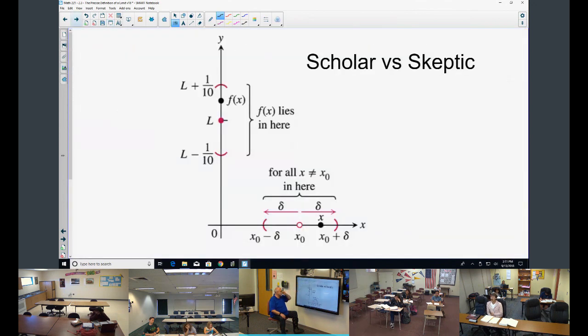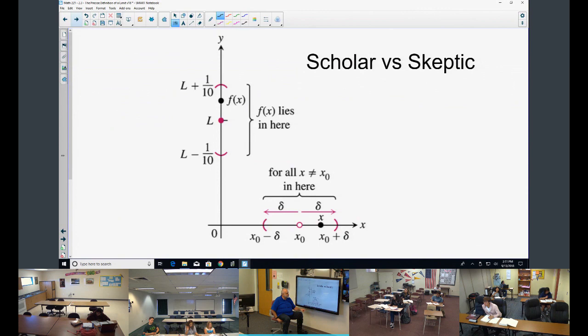All right. So there's an analogy to this, what we call the scholar versus the skeptic. And so the skeptic says that, okay, so let's say we don't allow you to put in x sub 0 exactly.